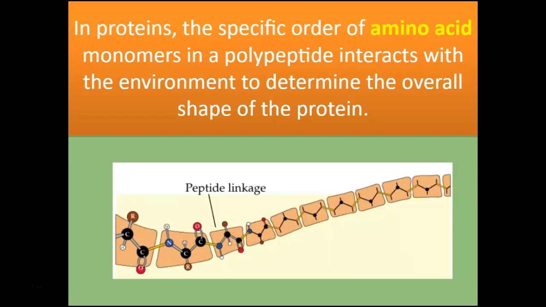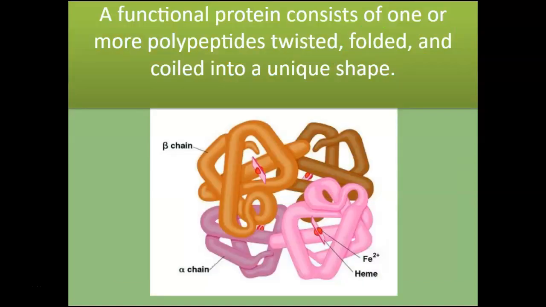Remember how structure dictates function? That is definitely true in proteins because the order of these amino acids dictates how a polypeptide chain becomes an elaborate protein structure. The shape of these proteins is critical to their function.